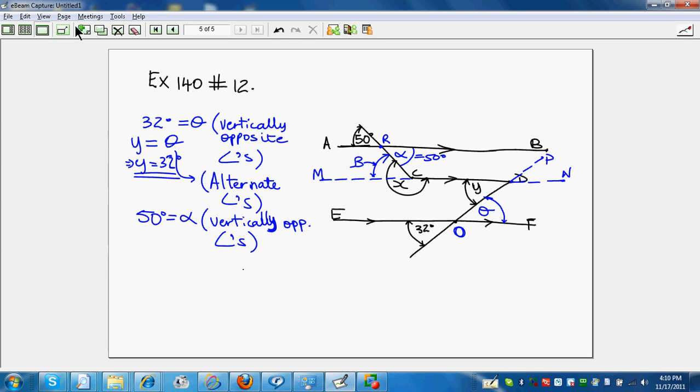So we find now angle beta by saying that angle beta is equal to angle alpha, and the reason is because these are alternate angles. Right? By looking at the special z, B to R, R to C, C to M, those two angles are alternate angles. And we know alpha is 50, so therefore we know that angle beta is also 50 degrees. Right? Angle beta is also 50 degrees.